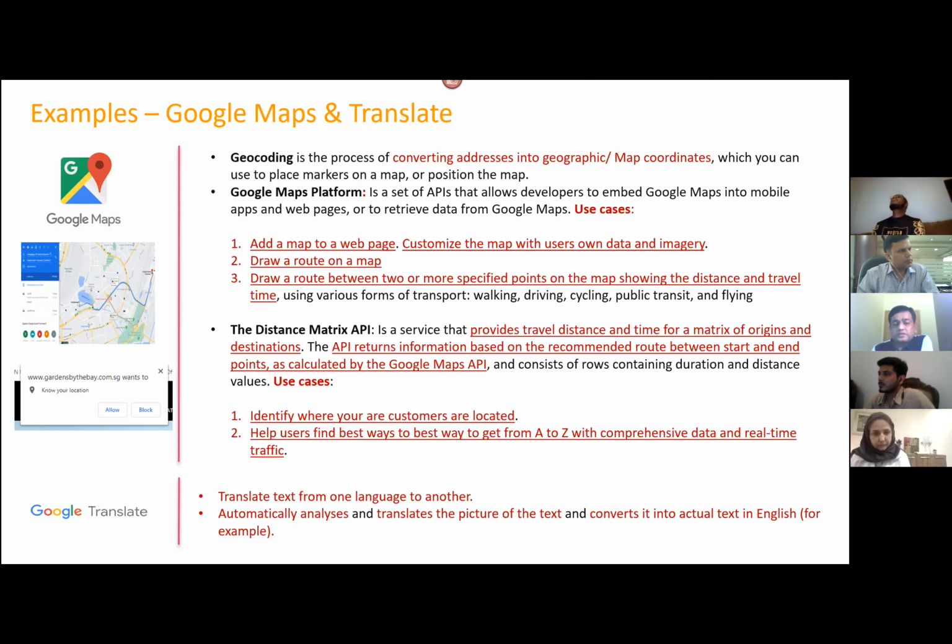And it's also embedded, for example, in LinkedIn. When you see a new post on LinkedIn in a different language, there is an option that says translate. When you click on that, it translates into English. So that's also happening via an API.